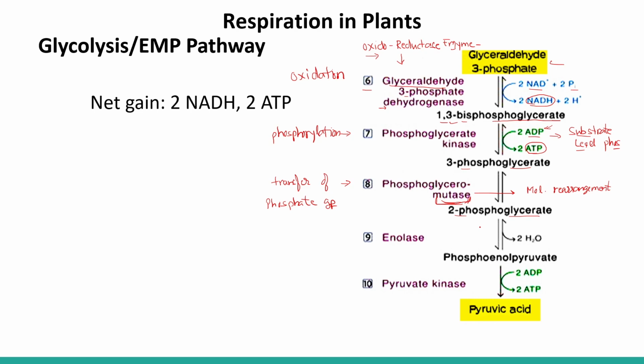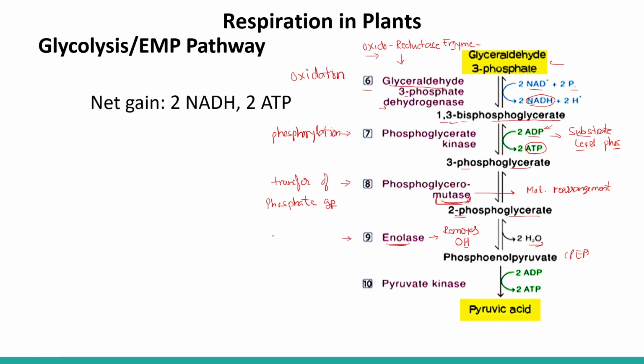Now coming to the next step, 2-phosphoglycerate is converted into phosphoenolpyruvate and a water molecule is released. The enzyme involved is enolase, and it removes a hydroxyl group, that's why water is released here.